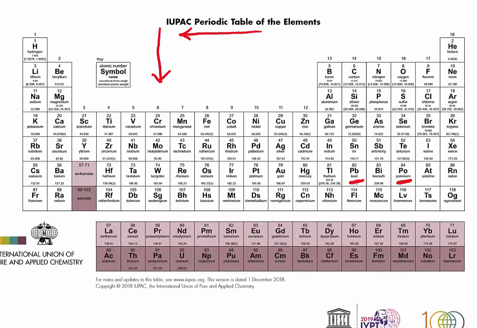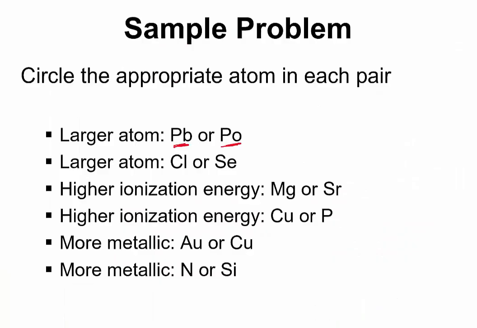So if we are looking at lead and polonium, lead will be larger in size than polonium because lead is closer to the left side of the periodic table, and both lead and polonium are on the same period. So the answer to the first question is that lead is larger.